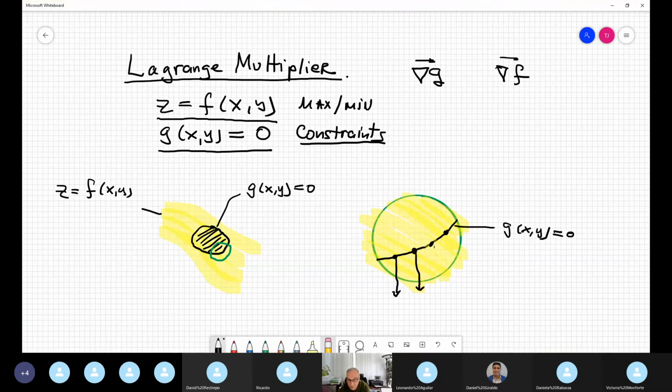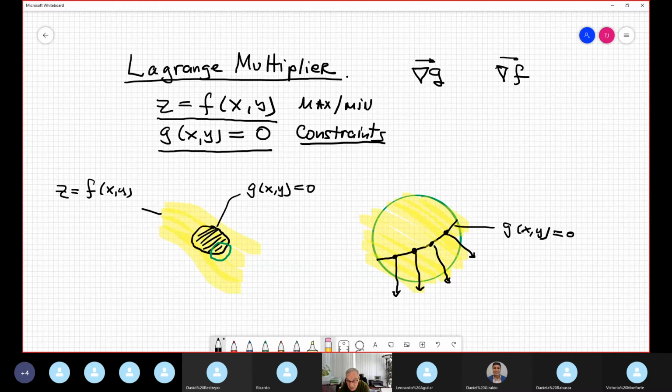Perpendicular means that, relative to the tangent vector, it is 90 degrees. This is gradient g, gradient g, gradient g at any point.